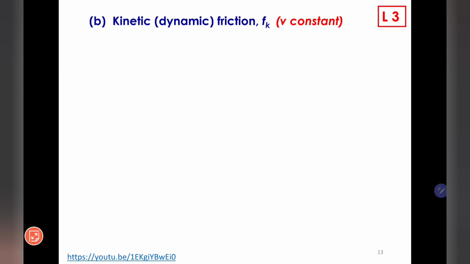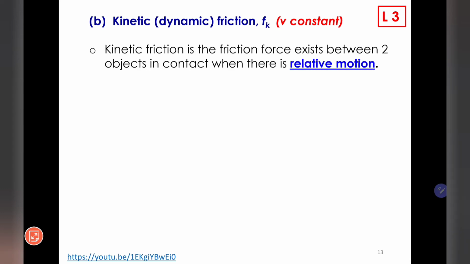But for any moving object, we call it kinetic frictional force, where the symbol is Fk, at constant speed. Again, kinetic friction is the friction force that exists between two objects in contact where there is relative motion. This is the keyword: we are discussing motion.